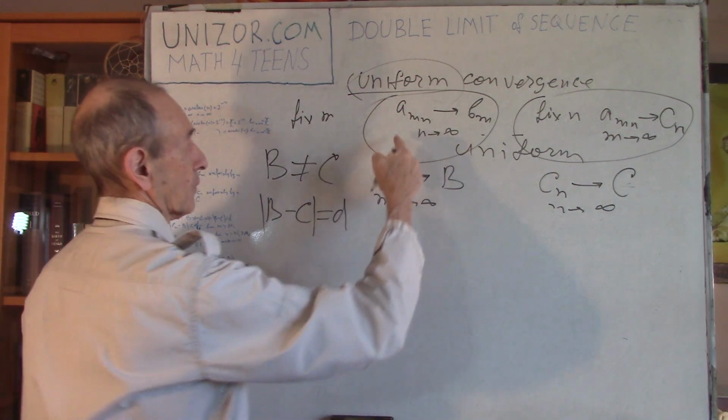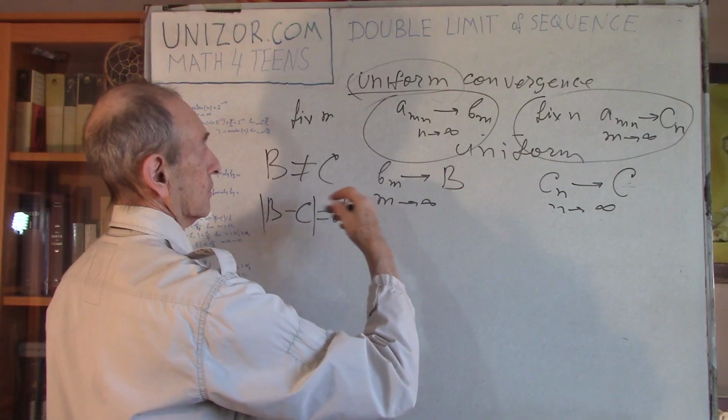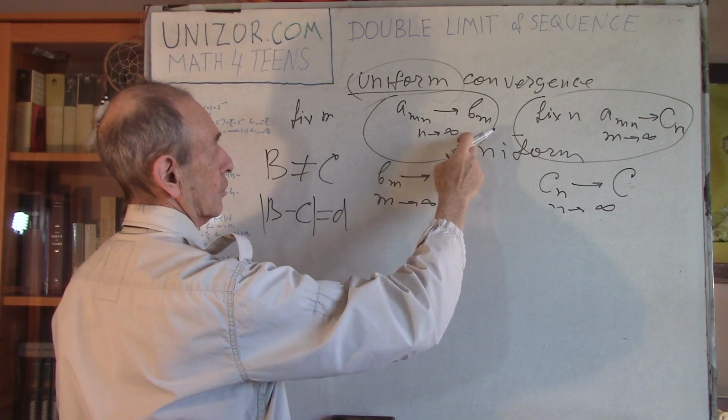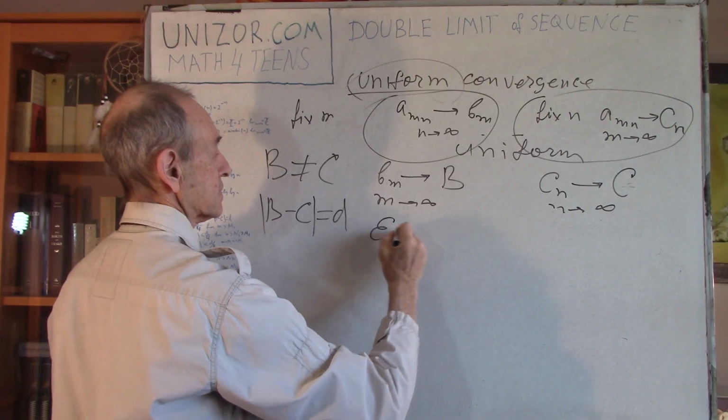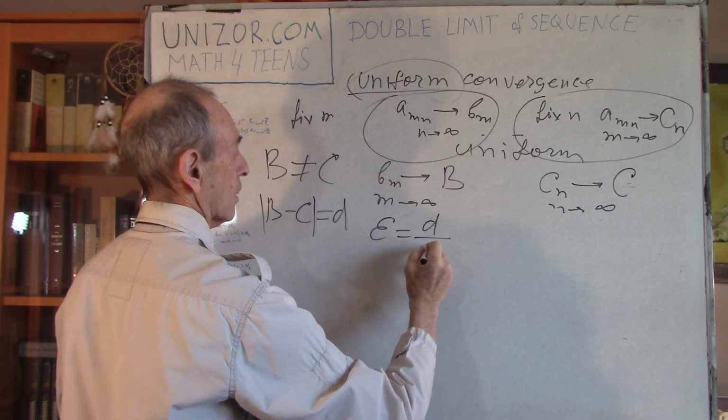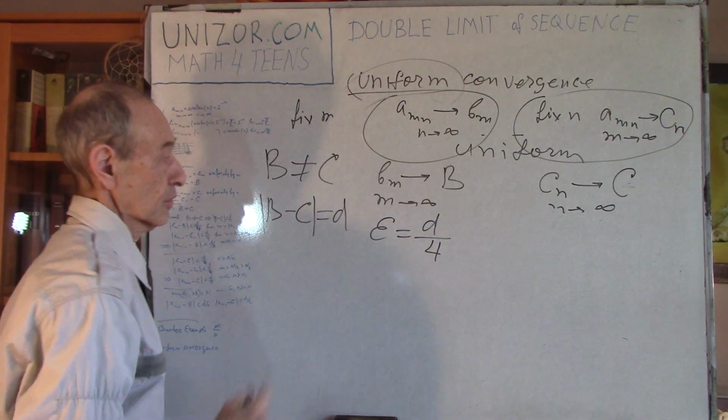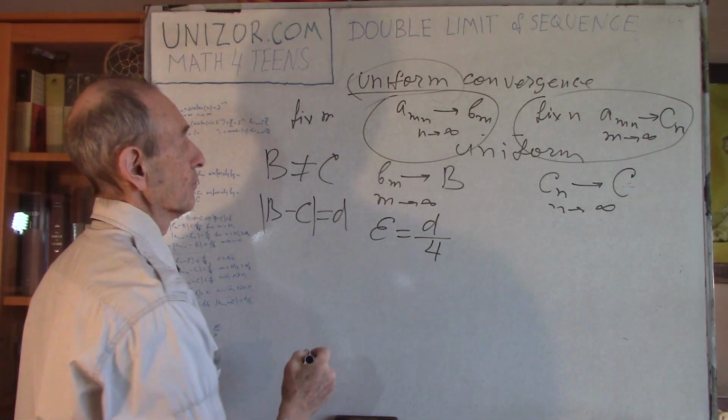All right, so now if this is true, then let's take epsilon equal to d over 4. You'll see why just a little later.